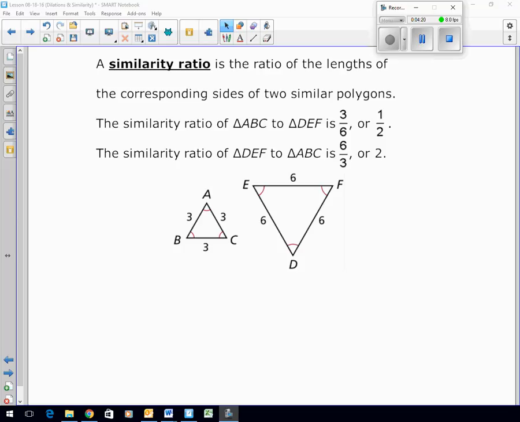The similarity ratio of triangle DEF to triangle ABC is 6/3 or 2. I would write down the entire slide, because when I talk about proportional, you'll want to know what I mean. Okay. I'll come back to the slide.